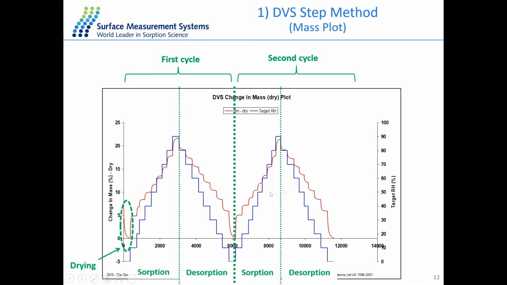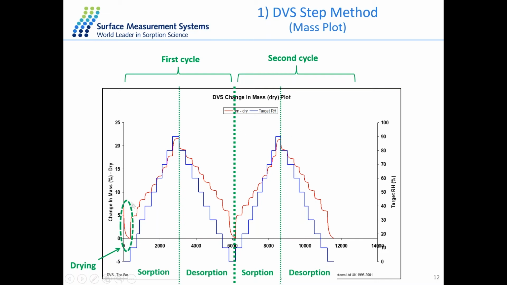And these are the two-cycle experiments. And the second cycle here is exactly the same as the first cycle. So the uptake is the same, and it's going back to 0 at the end of the last desorption step. That means this moisture sorption for the rice starch sample is a perfectly reversible process, where all the water can come out of the sample and then go back to the same level in the second cycle as well.